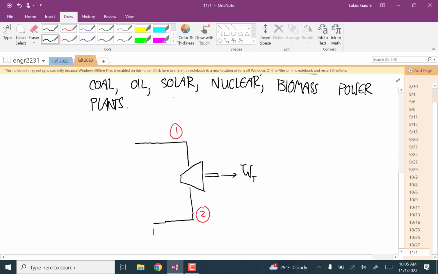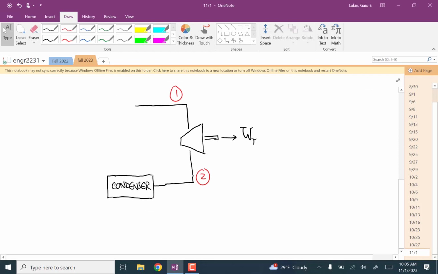At that point, it goes into the condenser. And at the condenser, you have, let's see, QC, heat leaving the working fluid.